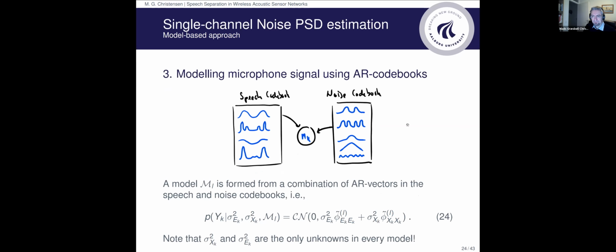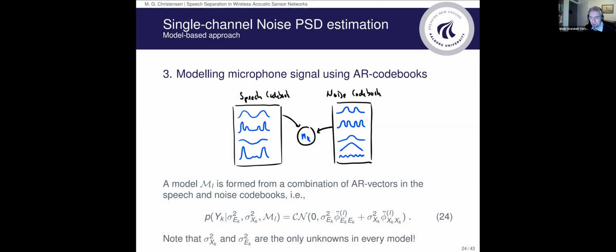So a model M_L, as we call it here, is formed from a combination of AR vectors in the speech and noise codebooks. The likelihood for model M_L is given by a complex normal distribution, again zero mean, with these scaled spectra.